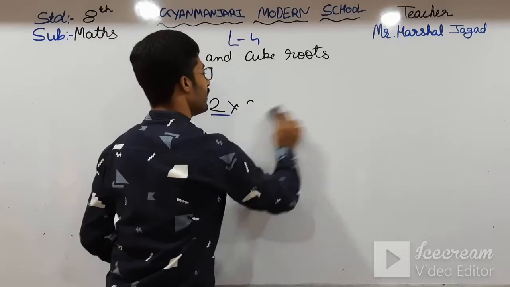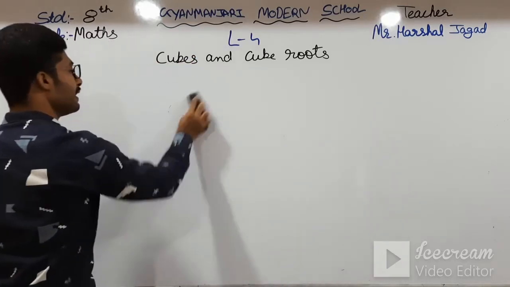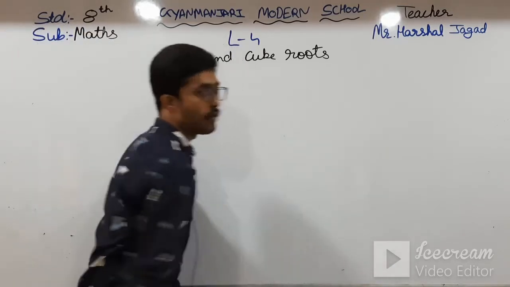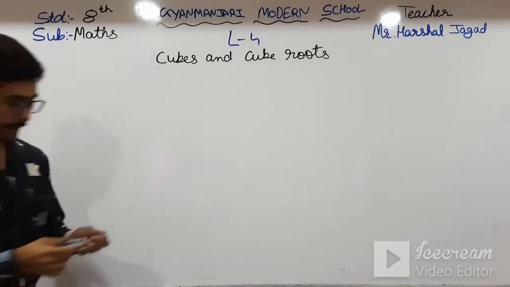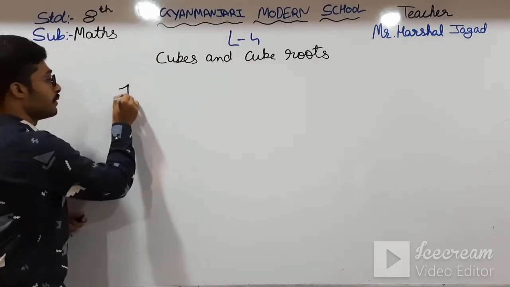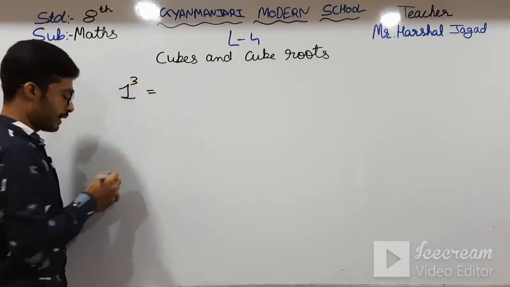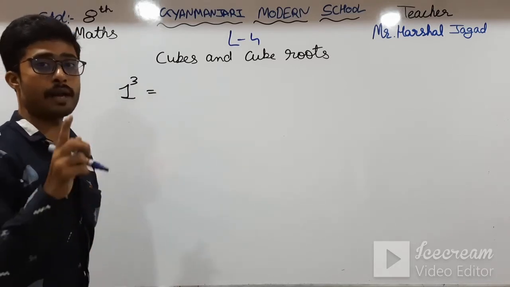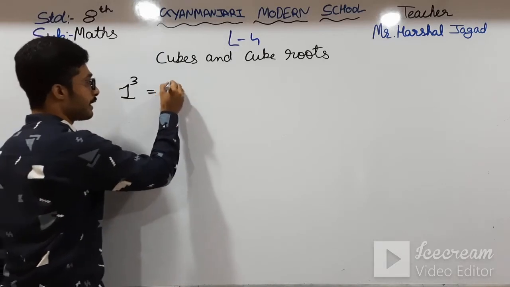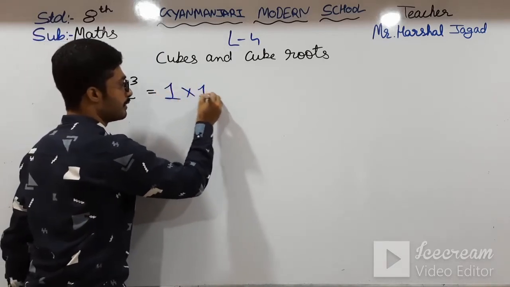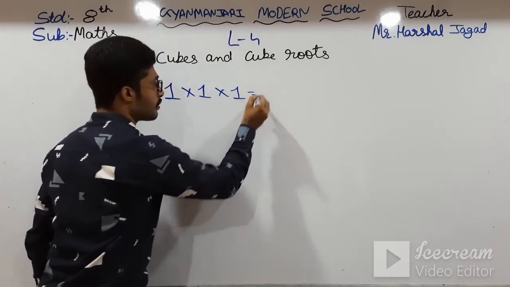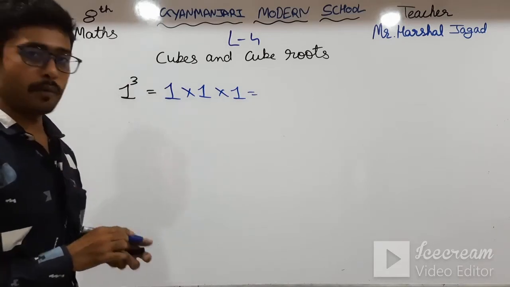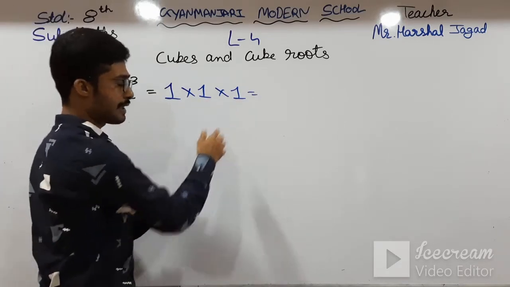First of all, what we will do? Just we will see the cubes of 1 to 5. Here, 1 raised to 3. Okay, students, what is the cube of 1? We have to multiply 1 3 times, that is 1 into 1 into 1. So, what will be the answer? 1 only, 1 ones are 1, 1 ones are 1.